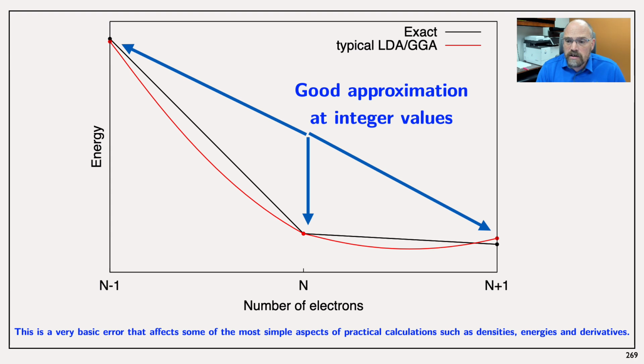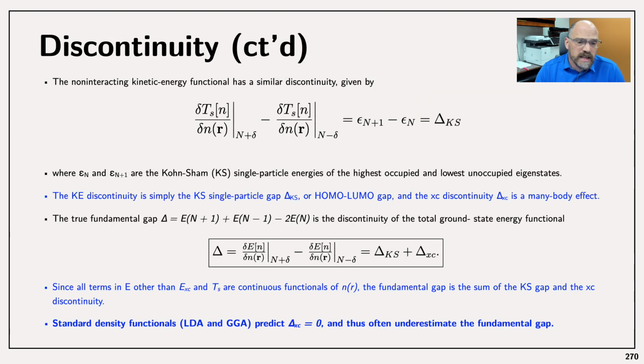And you can show that exactly. In fact, if you were to calculate all this, and I'm sorry that I'm showing the screen all at once, but I'm not going to go too much in the details, it's just to give you an idea. It turns out that the Kohn-Sham gap, the capital delta KS defined on the top, which is obtained from the energy difference between the highest occupied state and the lowest unoccupied state, epsilon n+1 minus epsilon n, comes from the change in the functional derivative of the kinetic energy of the independent electrons.